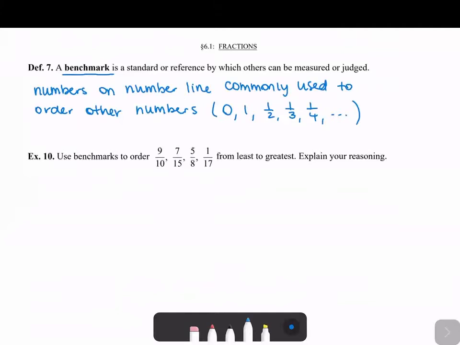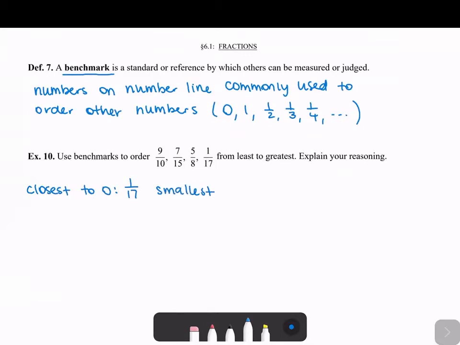Which one is closest to 0? 9/10 is really close to 1, 7/15 is in the middle, 5/8 is in the middle. So the closest to 0 is going to be 1/17. And so that means that this is the smallest value.